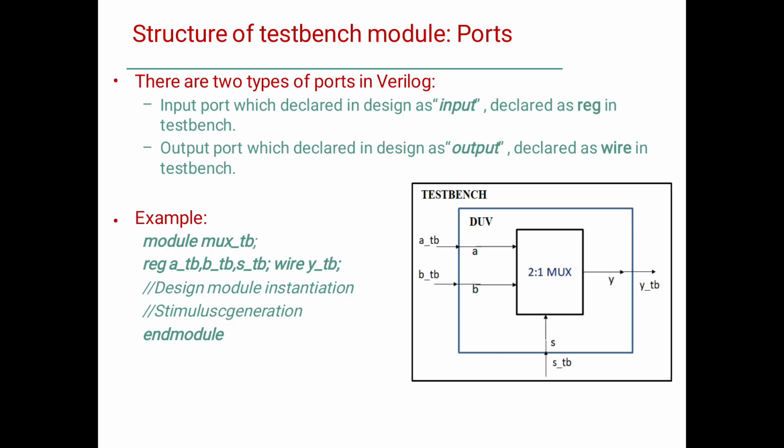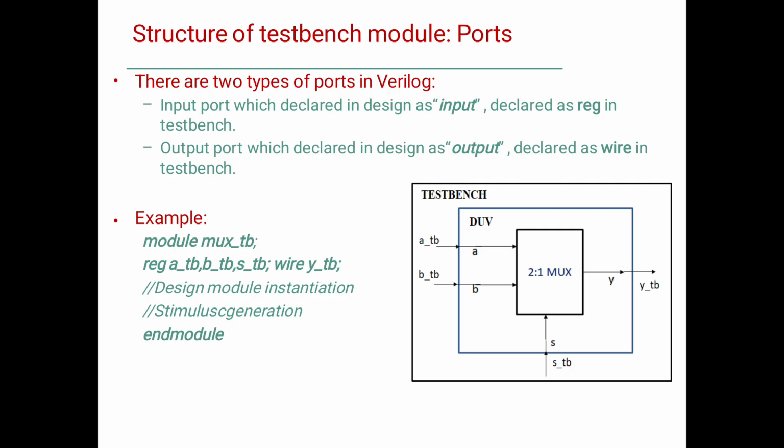There are two types of ports in a test bench. Input ports of the design are declared as reg in the test bench, for storing. Output ports are declared as wire in the test bench. The module mux is used here for testing, so we use reg for the inputs and wire for the output, Y_TB.